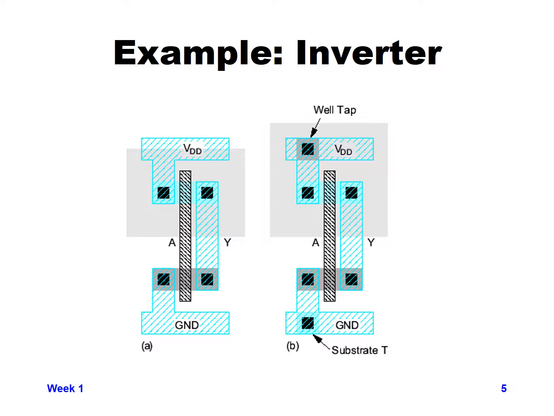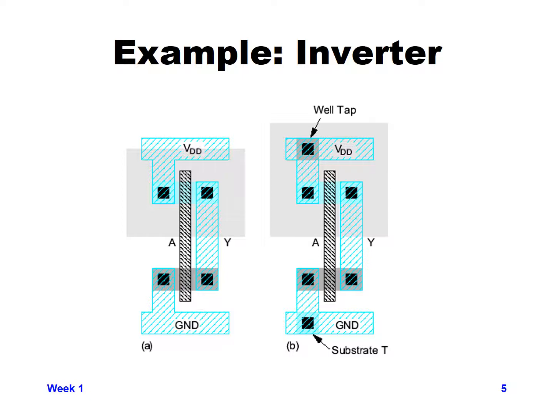Now, the advantage of putting a well and substrate tap inside every cell is that you never need to worry about having enough of them. Because there's a certain minimum distance that you can go between any well tap or substrate tap. You can't go too far in distance before you're required by the process technology to have a substrate or a well tap every so many microns.